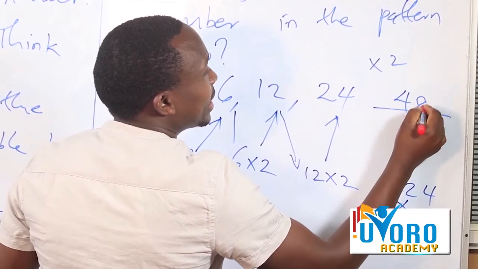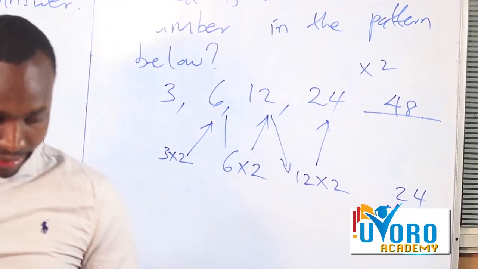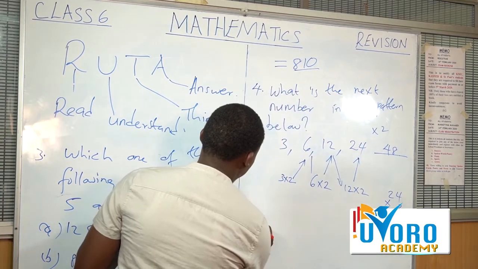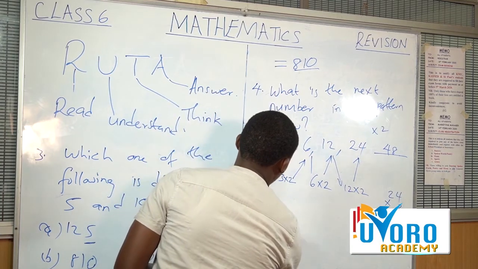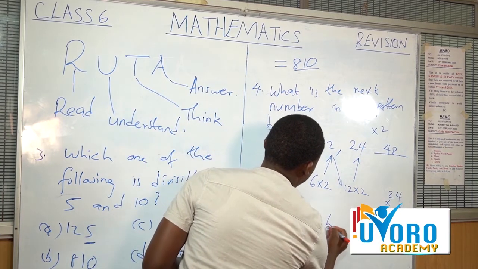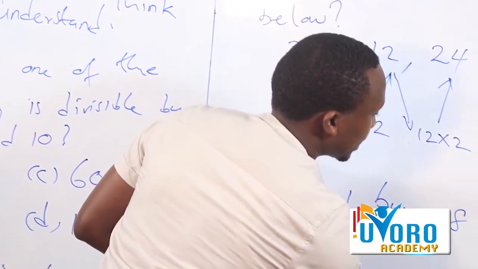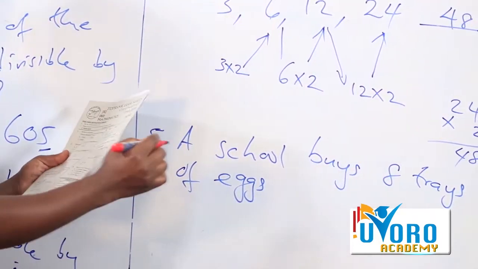So our next number in the pattern is 48. Now, we go to number 5. Number 5. A school buys 8 trays of eggs in a month.